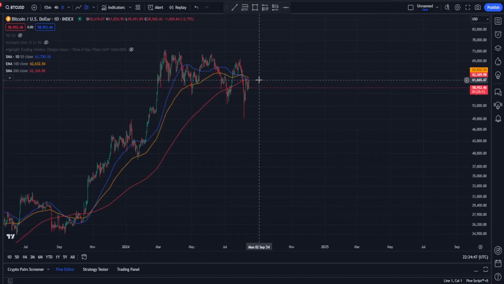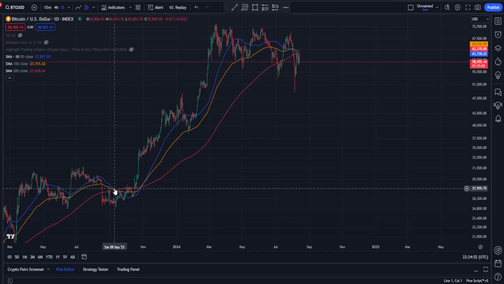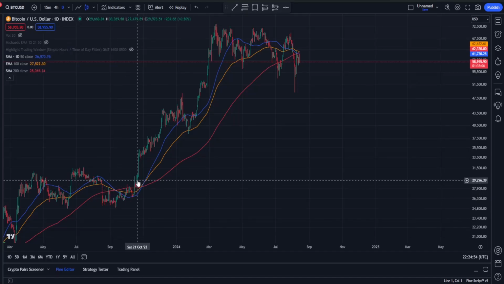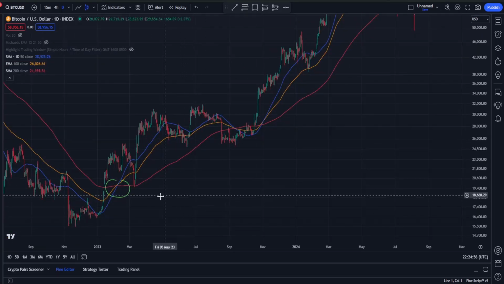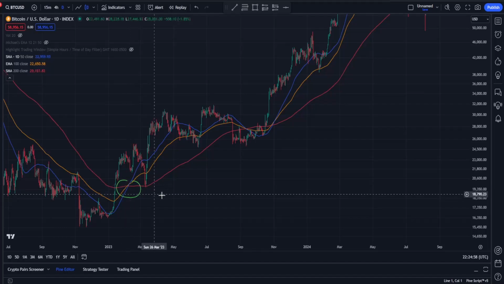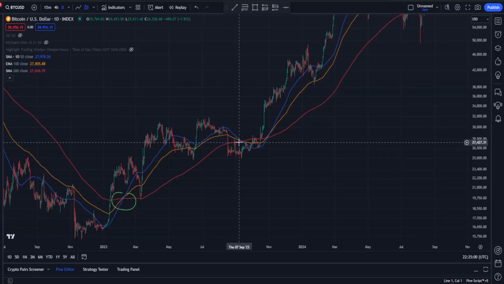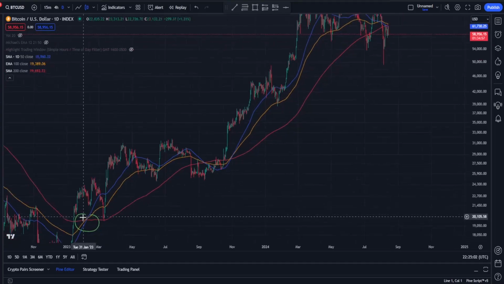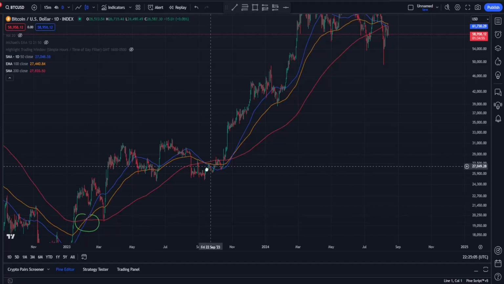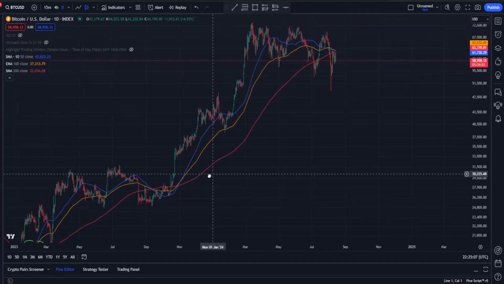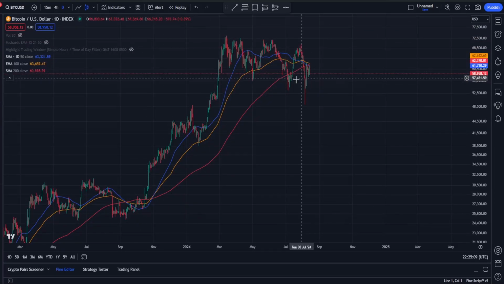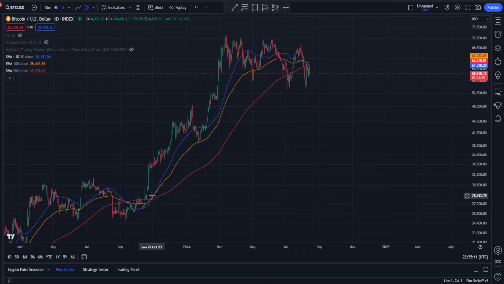So this could be a false cross where we have a couple of months of chop, basically, which was right here. But when it crosses bullish, these are pretty strong signals, a pretty good uptrend. The last one, pretty good uptrend. And then obviously the last uptrend, which was the last cross, which is a bullish one.